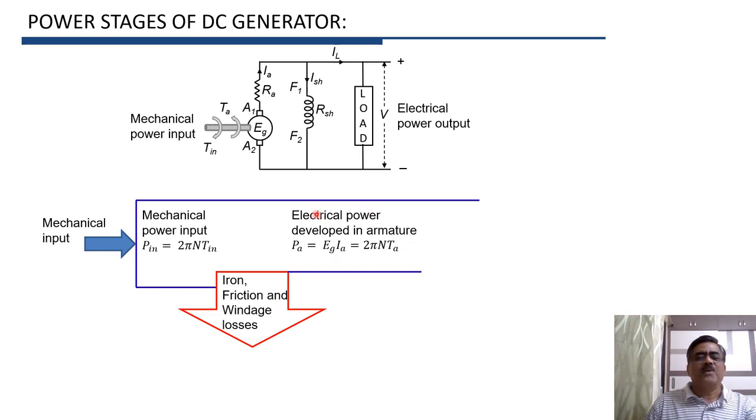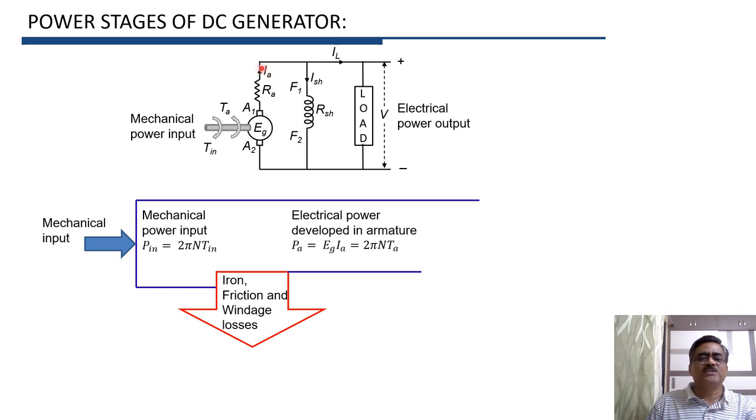Now, when power is developed in armature, all the power is not supplied to load. Again, there is loss of power. This loss is loss of power in armature winding and shunt field winding, which is a winding loss or copper loss.